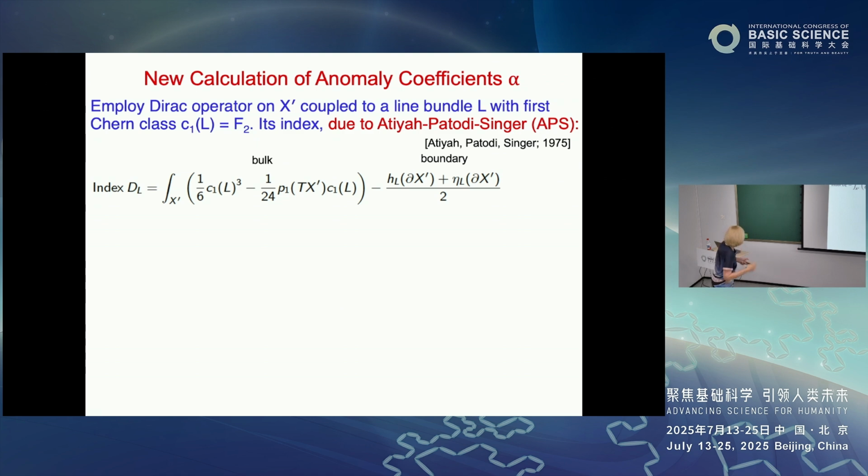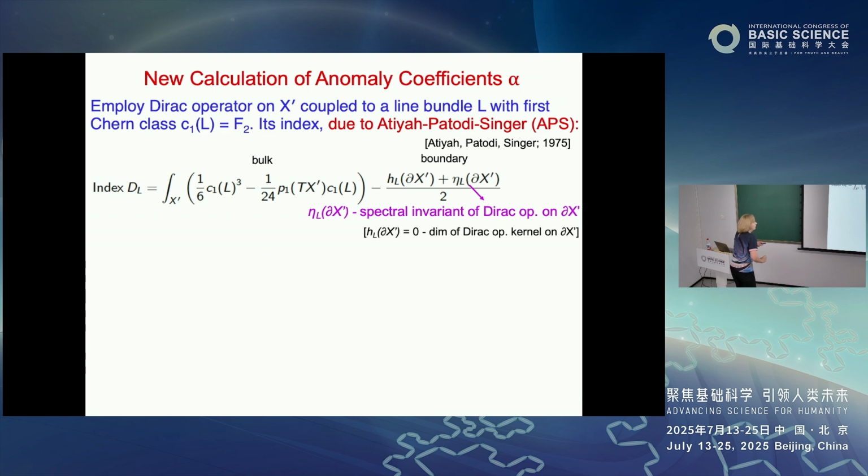One is the so-called kernel of the Dirac operator on the boundary, which in our case is 0, and the spectral invariant of the Dirac operator on the boundary, the so-called Eta invariant. So bulk term plus boundary term is equal to the index that is an integer.